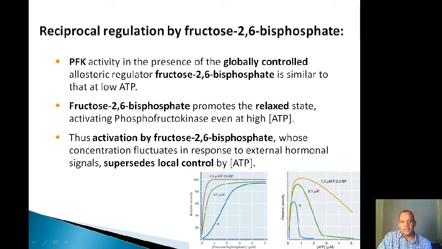So this is why we say that the PFK activity in the presence of the globally controlled allosteric regulator fructose 2,6-bisphosphate is similar to that of when ATP concentration was low. And of course, the higher the concentration of the fructose 2,6-bisphosphate molecule, the better it is for the activity of the PFK enzyme. It can overcome even higher concentrations of ATP being present.